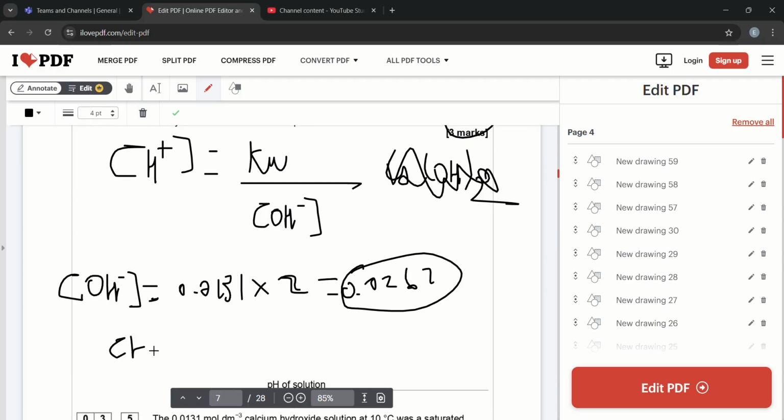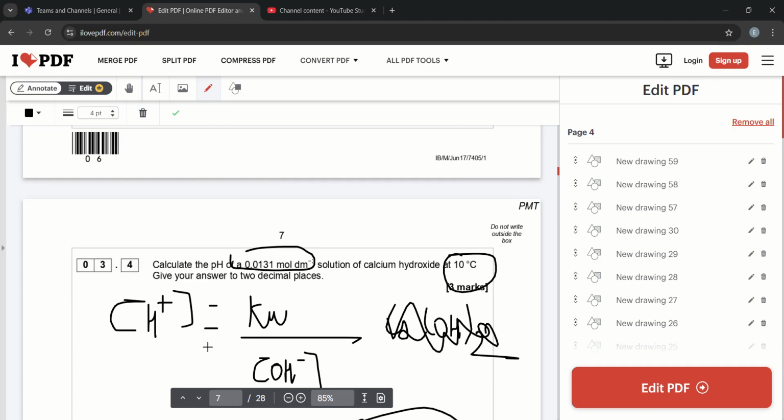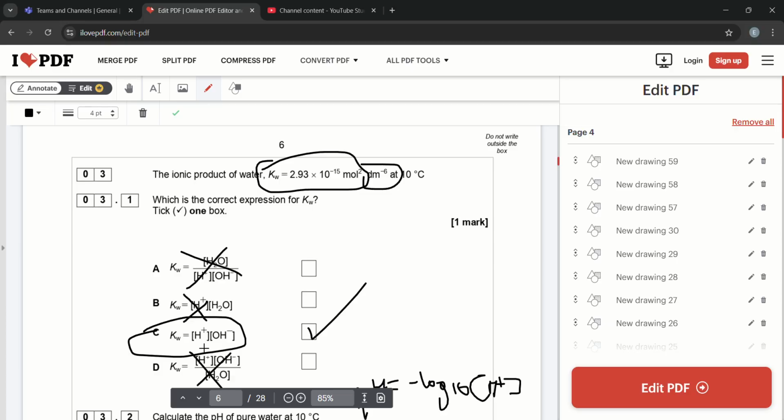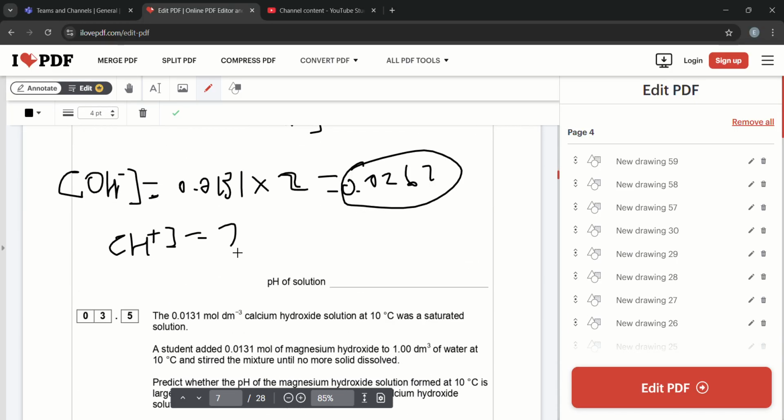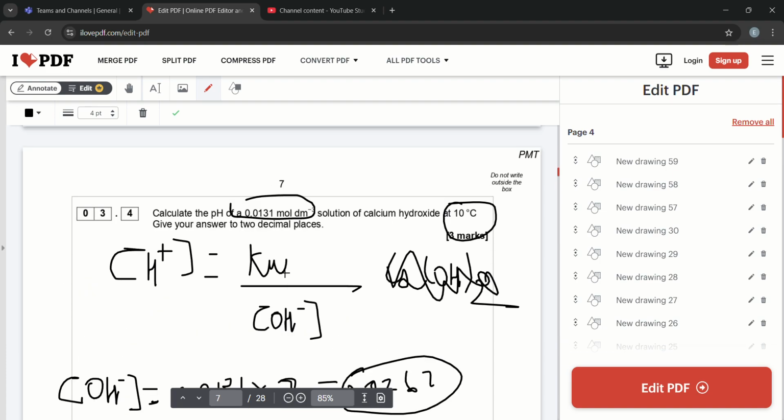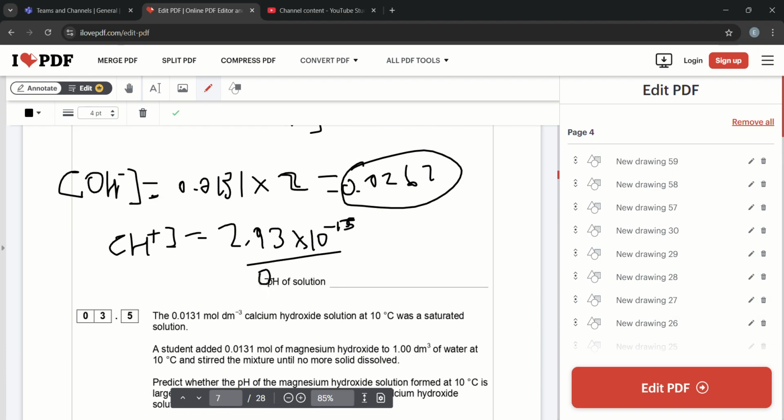Therefore, H plus is equal to Kw, 2.93 times 10 to the power minus 15, divided by OH minus, which is 0.0262. This will give me 1.12 times 10 to the power minus 13.